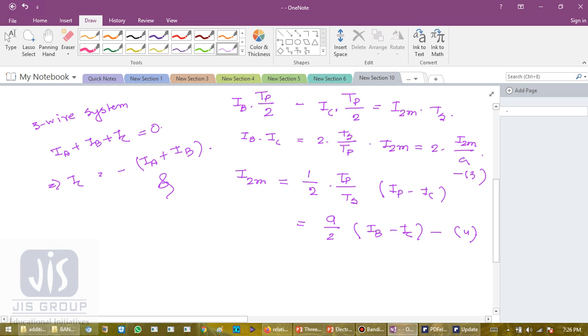Now we will substitute this value of IC in equation number 4, and also in equation number 3.